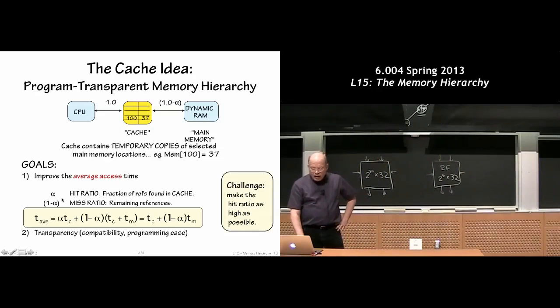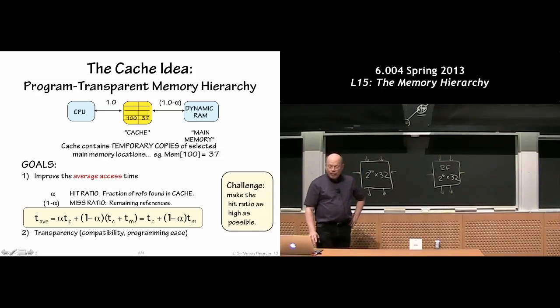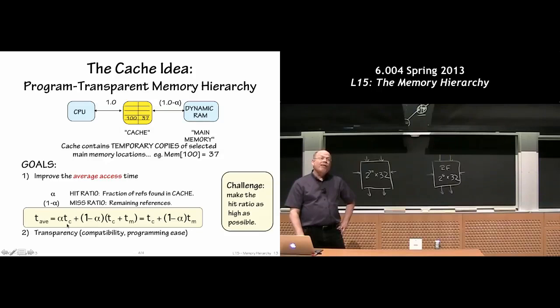The rest of the time it's not there, and we have to go off and look in dynamic memory. And the access time of the cache tends to be on the order of an instruction, the same sort of speed as the processor executes instructions.